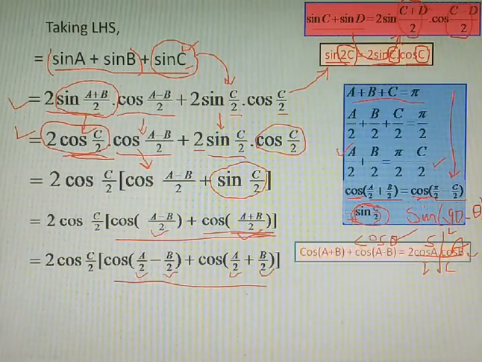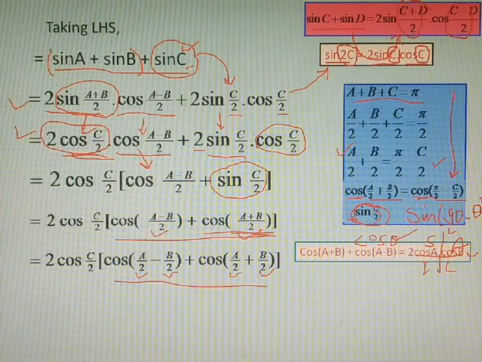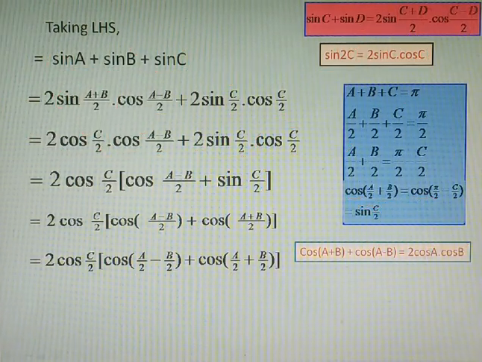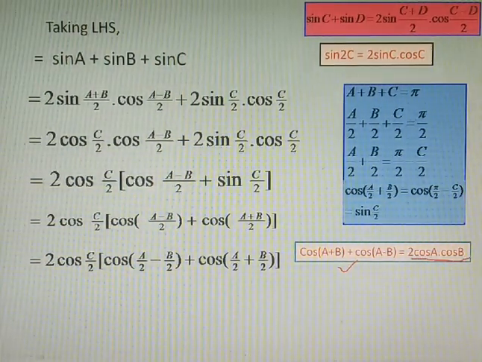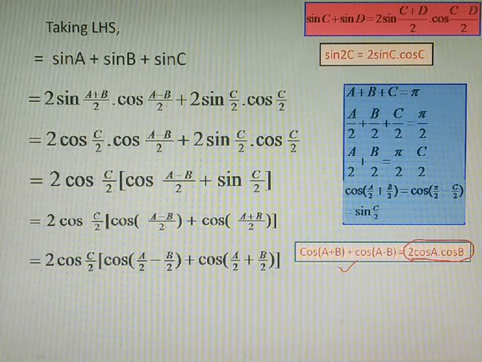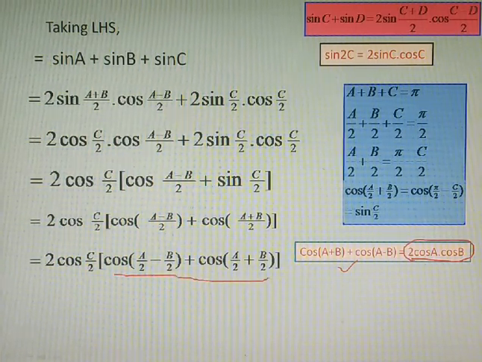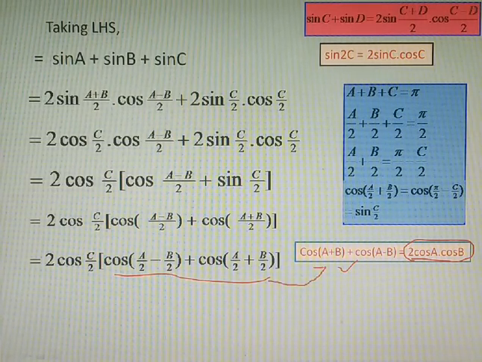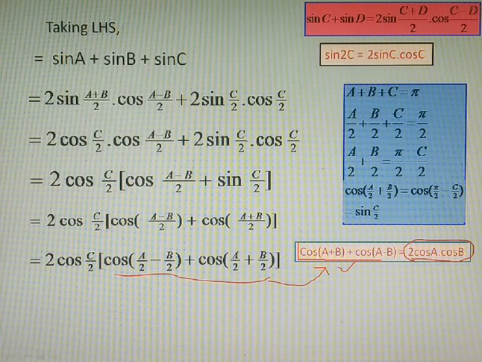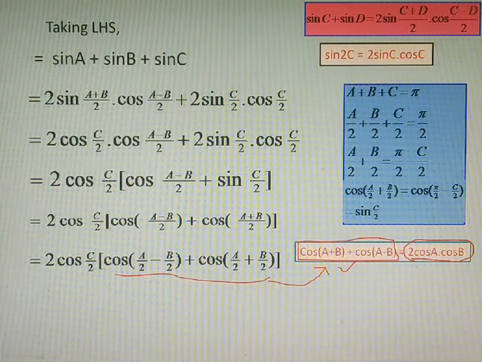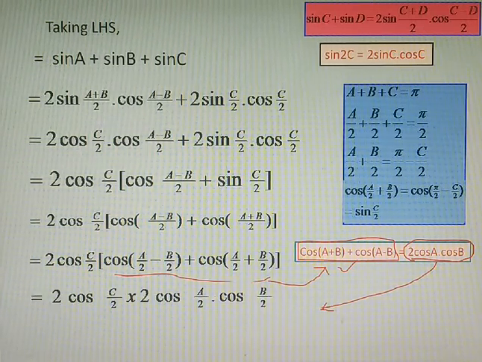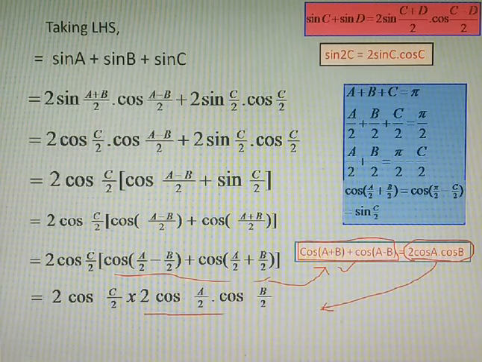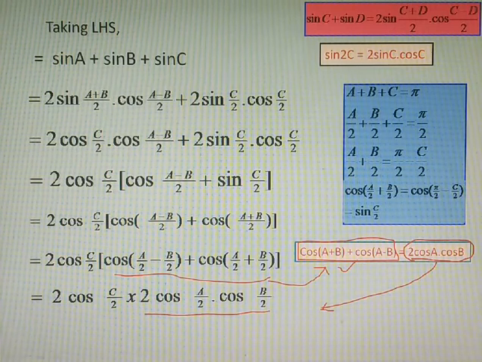Now it seems like the formula that we have studied, cos (A plus B) plus cos (A minus B) is equal to 2 cos A into cos B. So this part seems to be similar to the left hand side of this formula. That means in place of this one, we can write in the next step similar to the right hand side. So that means 2 cos A by 2 into cos B by 2.